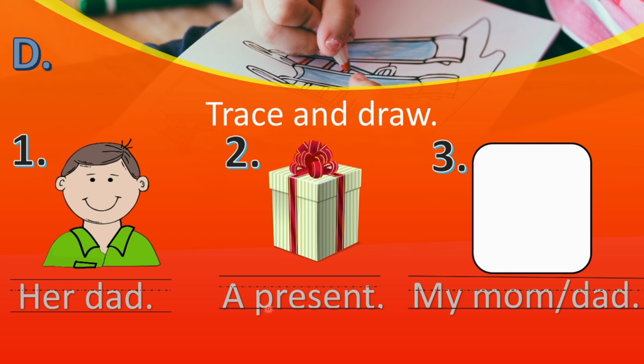Now after tracing these words, you're going to draw a picture in this box. Okay, so only one. You can draw your mom or your dad. Okay, so you're going to draw inside the box the picture of your mom or the picture of your dad. You understand? Okay.